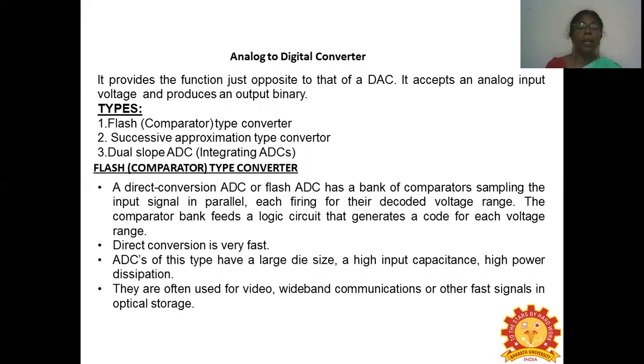This type of analog to digital converter has a large die size, high input capacitance, and high power dissipation. They are often used for video, wideband communications, or other fast signals in optical storage applications.